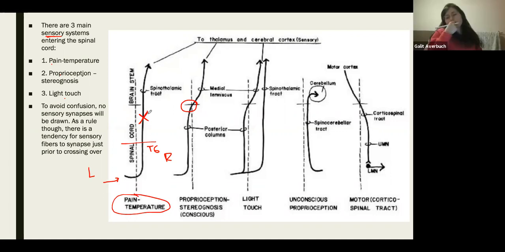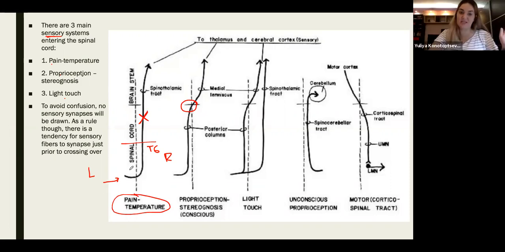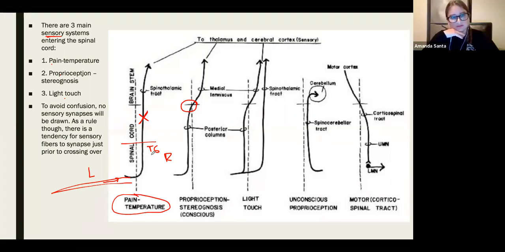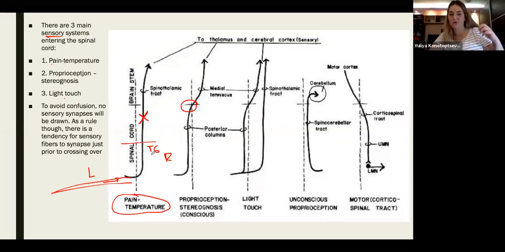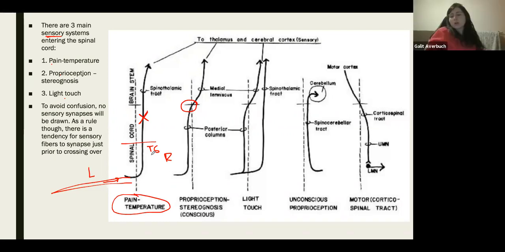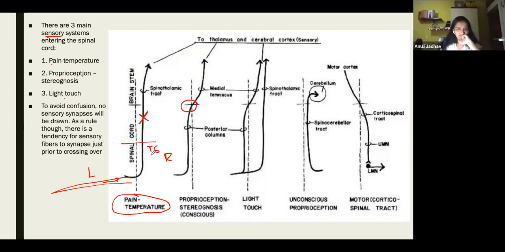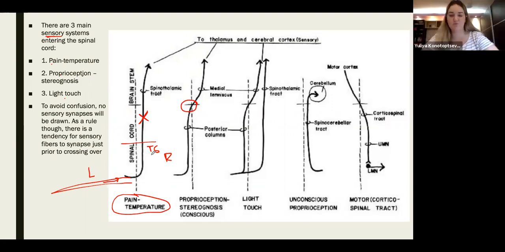Left side. Left side, very good, because it carries information from the left side. And I said above T6, so my left upper limb, because above T6 it is going to be the upper limb.